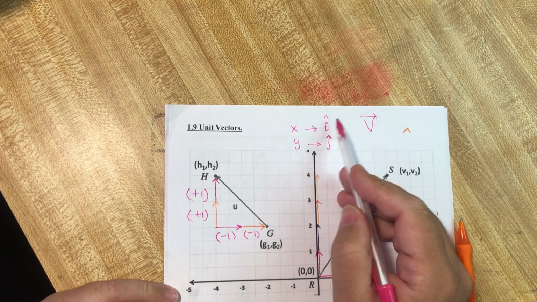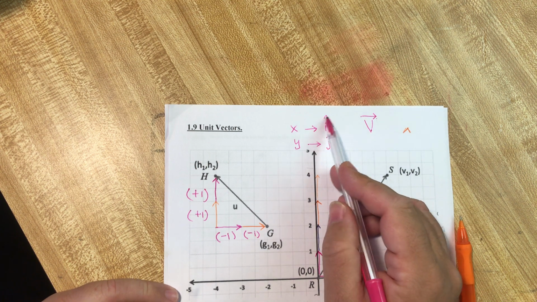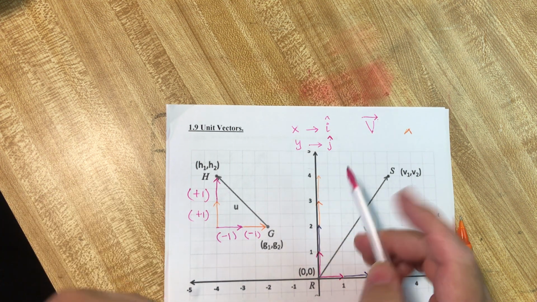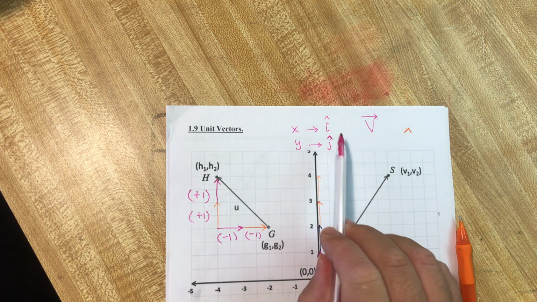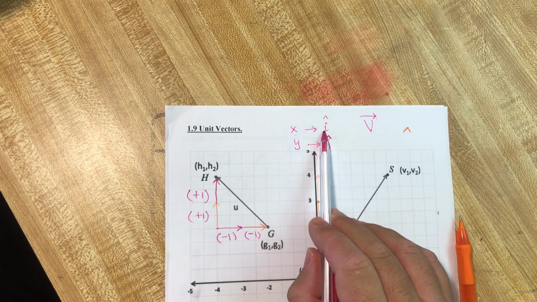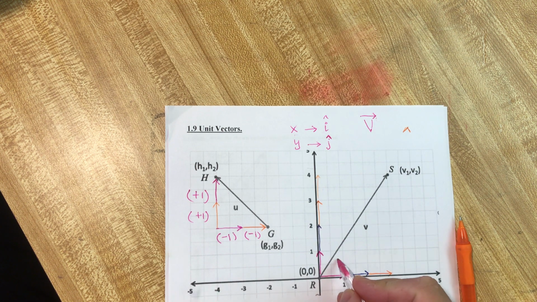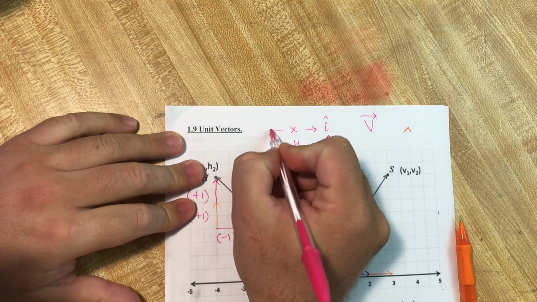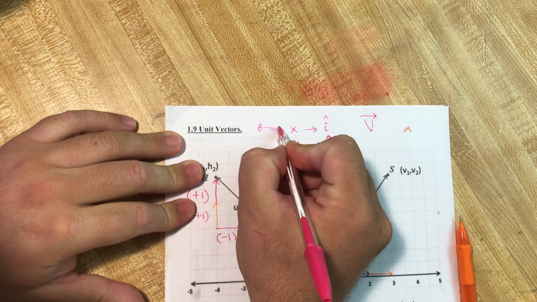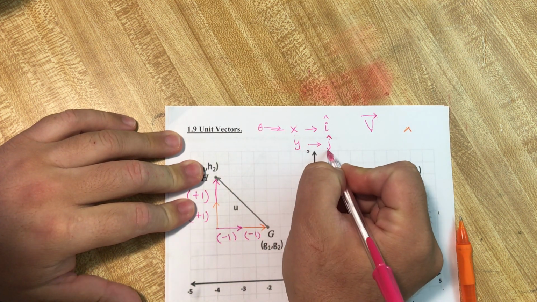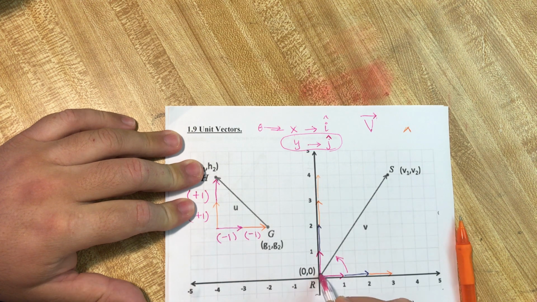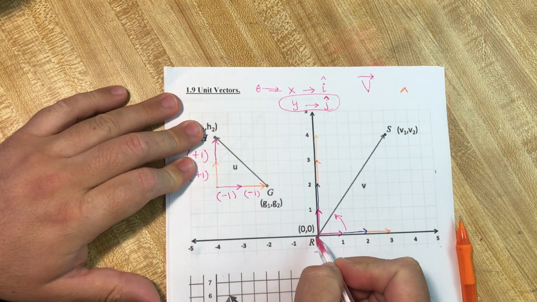This hat is a vector, but it is a special vector which has a length just 1, and it is directed to the x direction with no angle. The angle with the x direction is 0. This j hat, the angle of j hat with the y direction is 0.